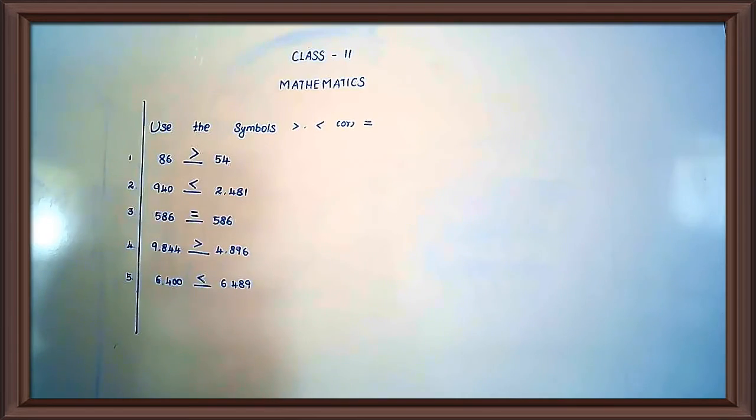The fourth one, 9844 is greater than 4896. Then the fifth one, 6400 is less than 6489. Have all of you written it, children?